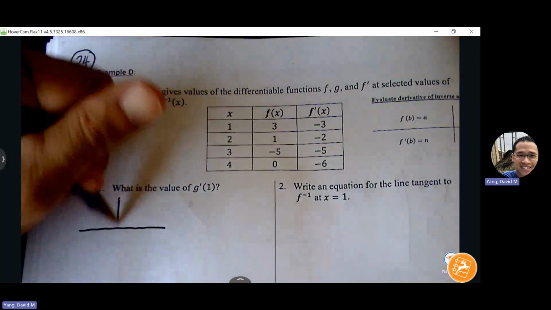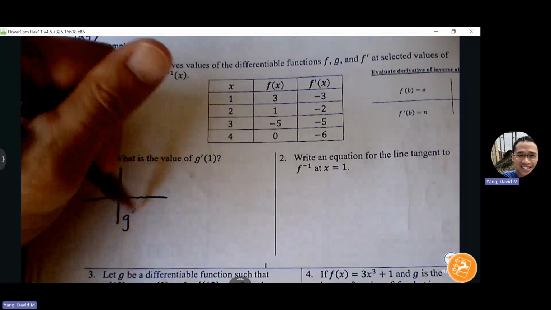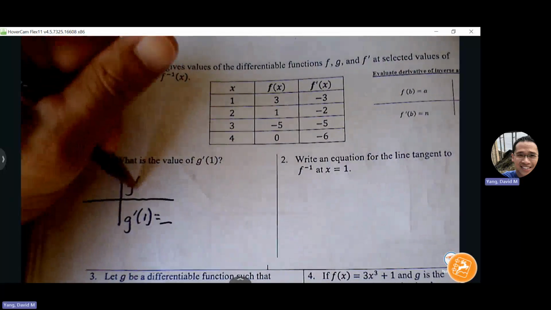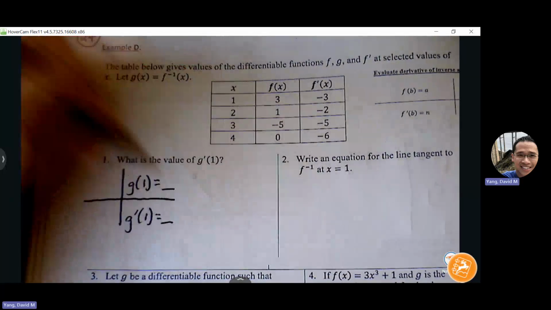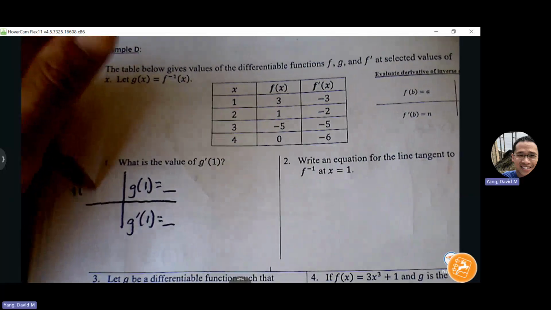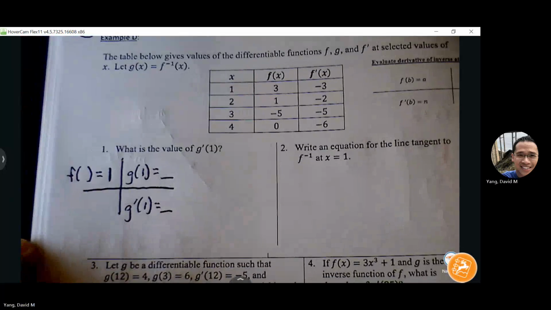So I'm going to create my chart here. I know I'm looking for g prime of 1. I know that 1 is the x value of my inverse, which must mean that it's the y value of my function.